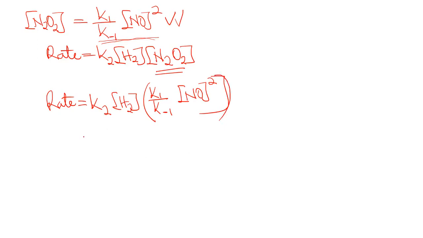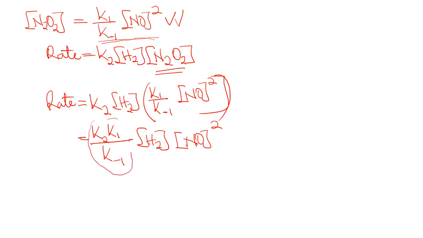So we can take K2 K1 divided by K-1 times H2 NO squared to be our rate. The whole thing here can just become one rate constant, because a constant divided by a constant will give you a constant.